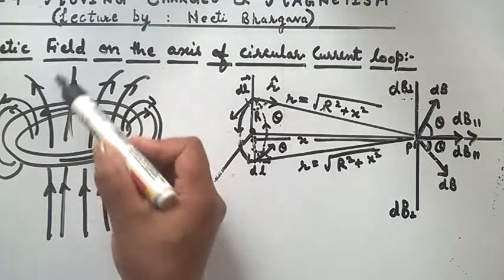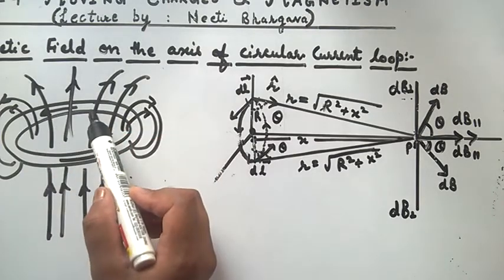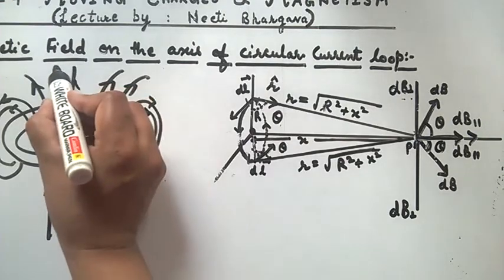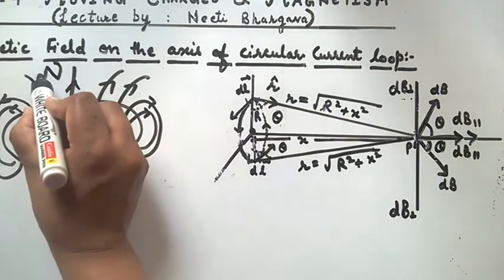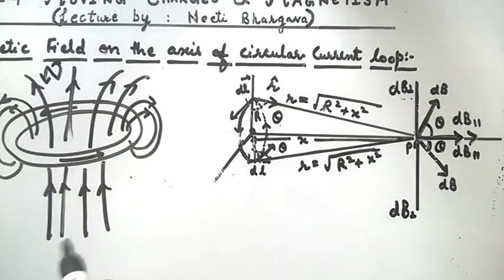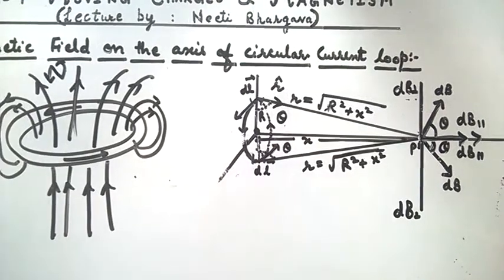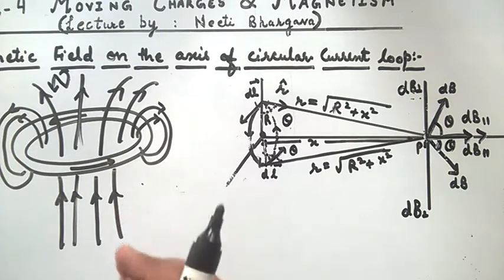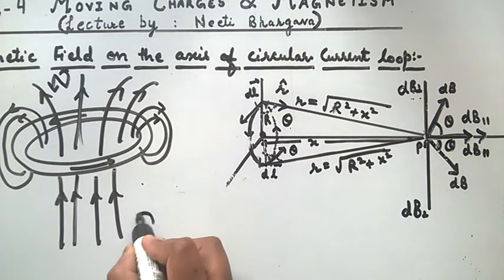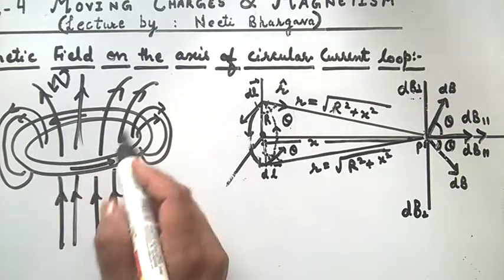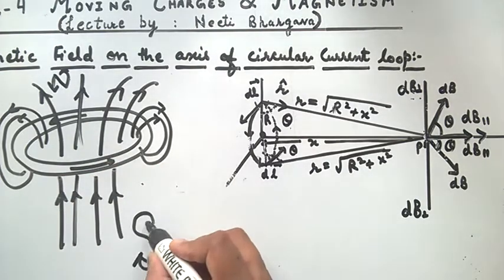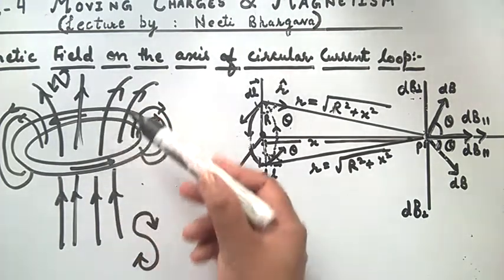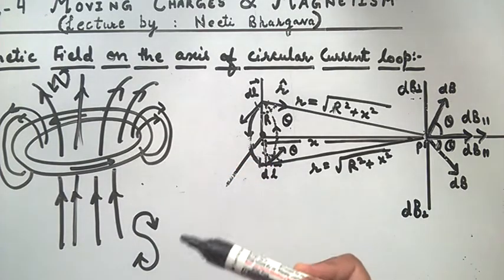When we will see the upper face of the coil, then the direction of the current is anticlockwise. Thus, the upper face has north polarity, and similarly, when we will see this same coil from the lower face, then it has clockwise current flowing into it, and it has south polarity. So a current carrying coil behaves as a magnetic dipole.